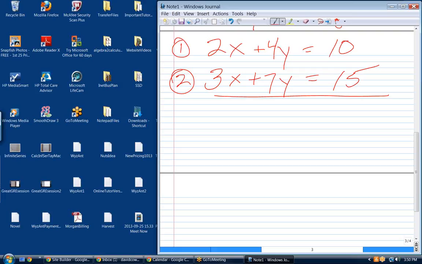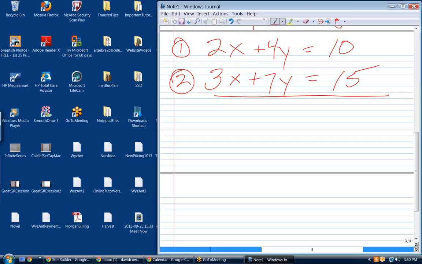Now it's not quite as easy to get rid of a variable by multiplying one of the equations by a number. So for this one, would you want to do substitution? No, I'd still use elimination, because in order to do substitution, we're going to have to solve one of these for either x or y, and that's a process in itself. There's an easier way to do it and still use elimination.